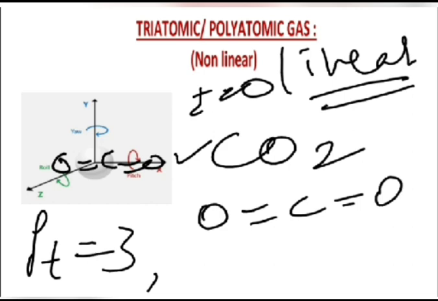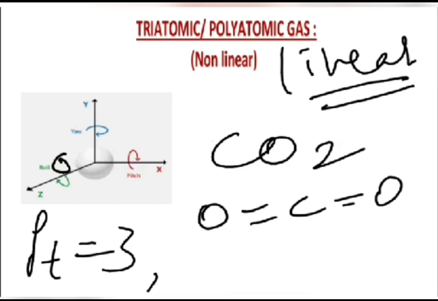When moment of inertia is equal to 0, definitely the rotational degree of freedom is not possible around the x-axis. So we are left with only 2 rotational degrees of freedom. One is around the y-axis and the other around the z-axis. So accordingly, how many rotational degrees of freedom are possible? 2, right?